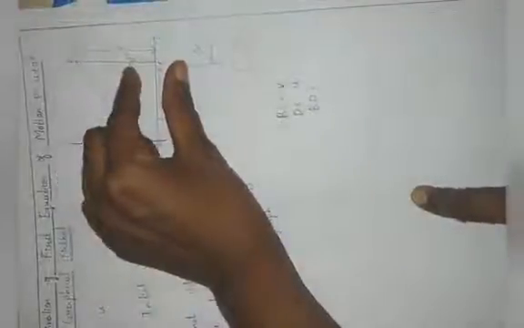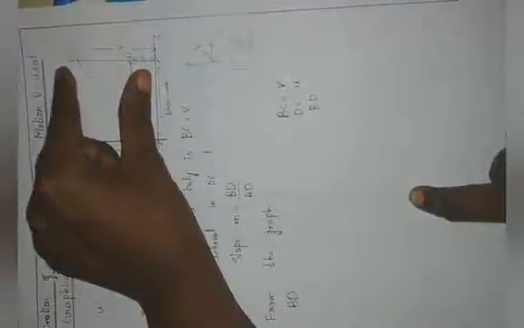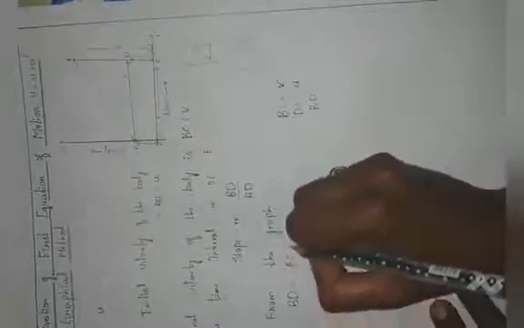From this BC, if you subtract this DC value, you will get the BD value.